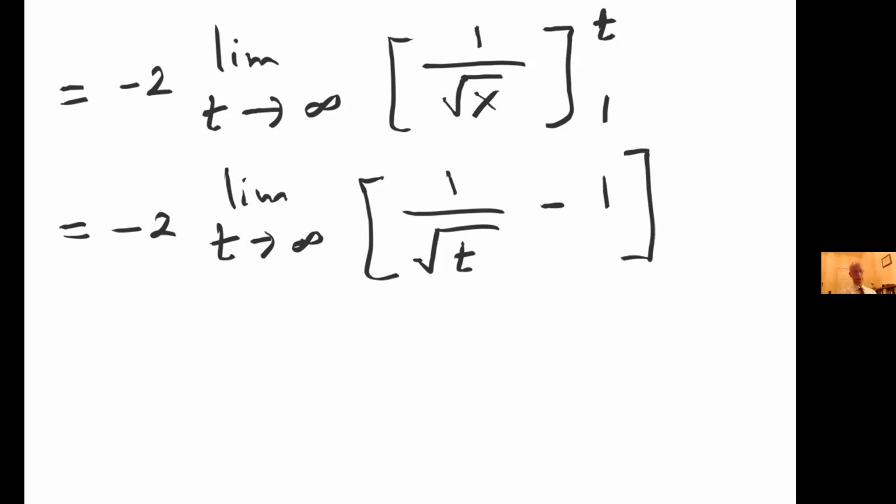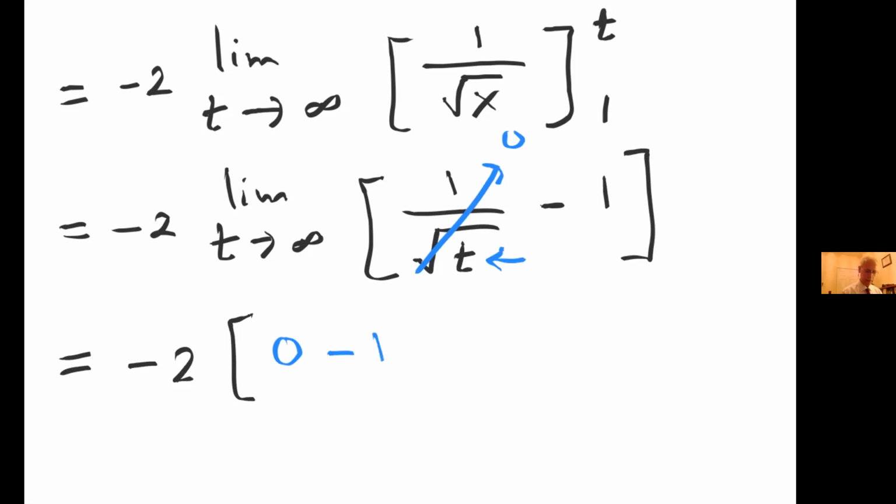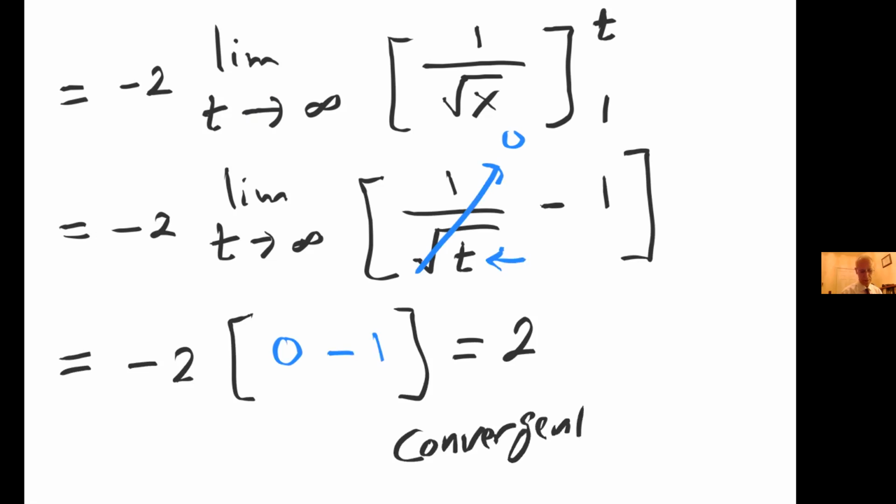Okay, so notice that this equals negative 2 times... as this t is going to infinity, this is going to 0. So I'm left with negative 1. And negative 2 times negative 1 is positive 2. So this is convergent.